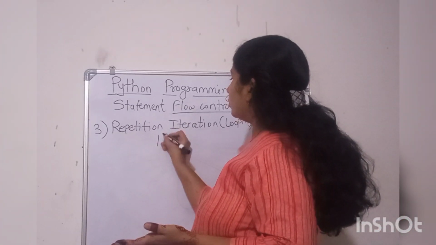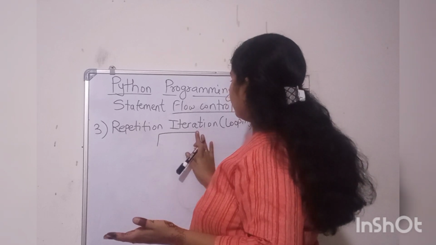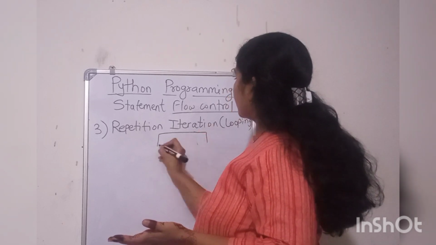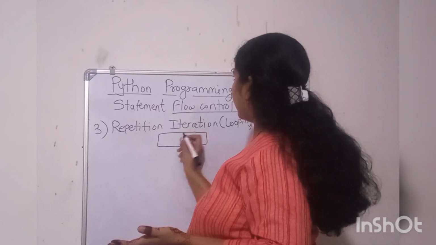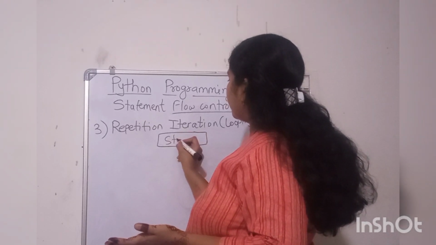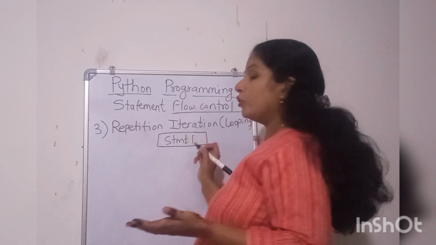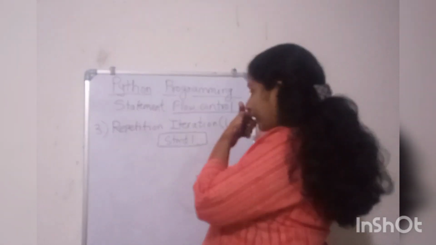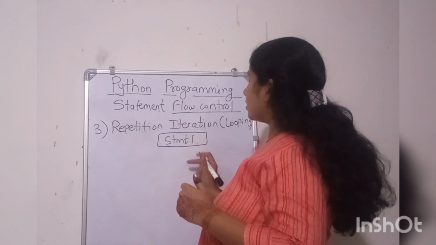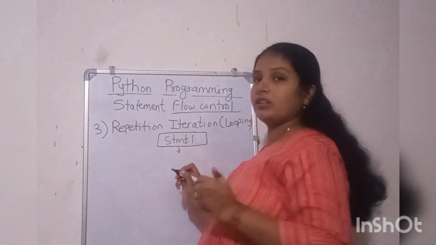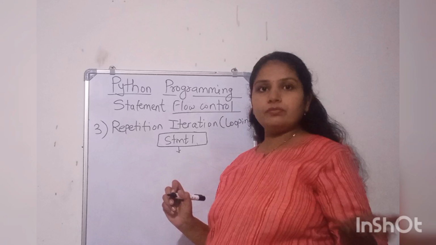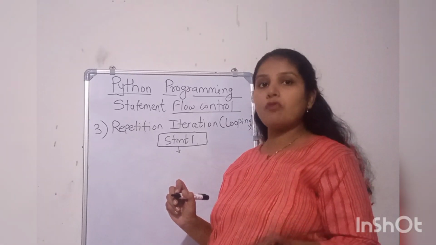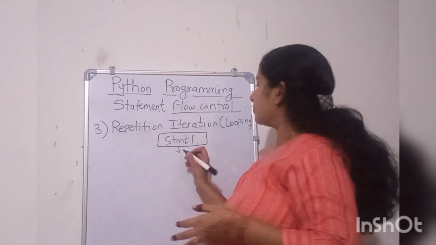Now here also let's consider the structure of the repetition statements. Here is your statement number 1. So you are executing statement number 1 and after that you are checking the condition. Now this condition can be used with the help of a for loop, which we are going to see.